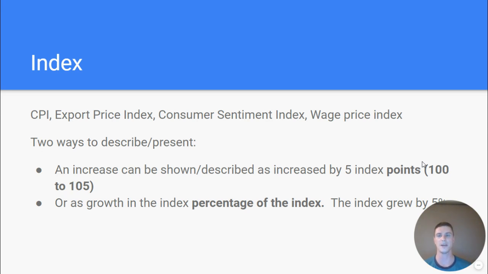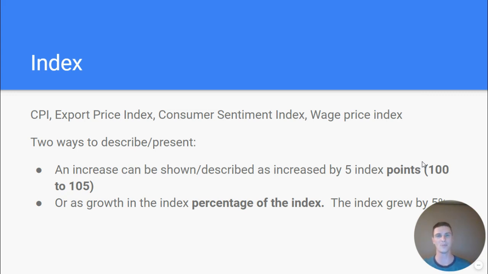So let's just remember what an index is. And indices we look at a lot in economics: CPI index, export price index, import price index, consumer sentiment index, and so on. There's too many. And so let's just remember that it would be very hard for Alan Kohler to get on the news at the end of the day and report on 100,000 changes to prices of goods and services.